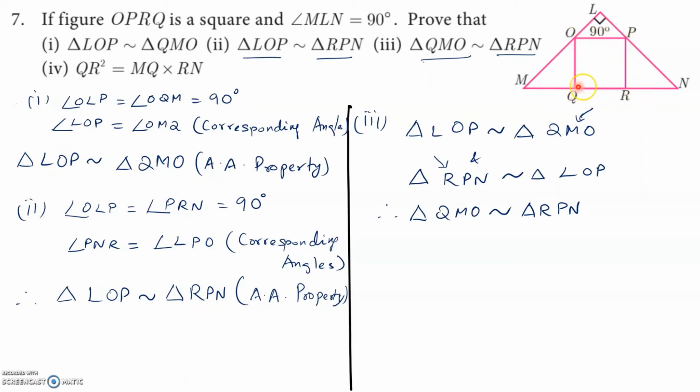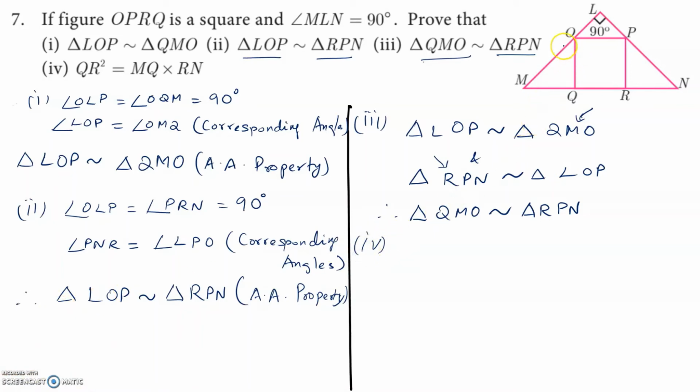Now we know that this side is equal to this side, which is equal to this side. So if we're able to do proportions using these two triangles and somehow multiply OQ by PR, that will be equal to QR squared. So that's our objective.